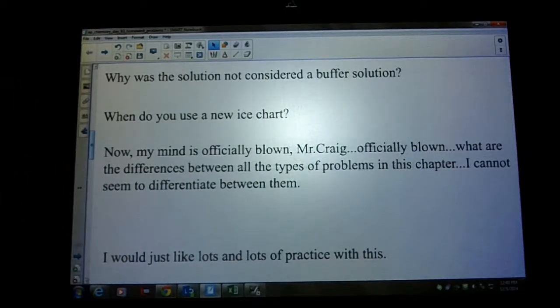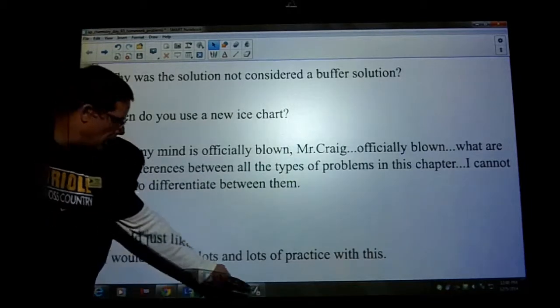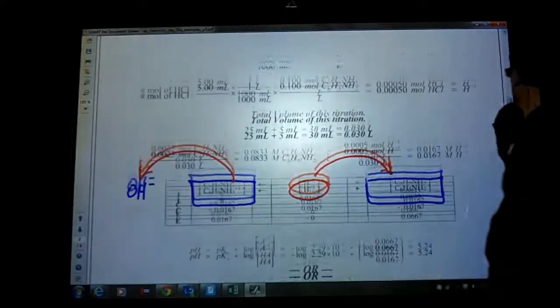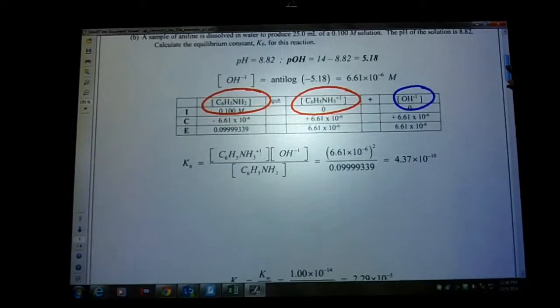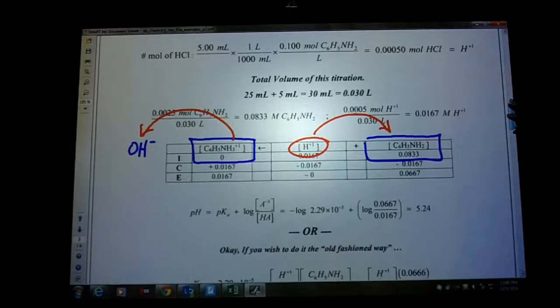With titrations, you can build a buffer system and then titrate it, but let me ask you this. Looking at this example problem that I gave last night, is this a buffer solution? So let's start off with what we've got here. We've got our weak base, okay? Is that a buffer? No. Then I titrate it with a strong acid. Is that a buffer?